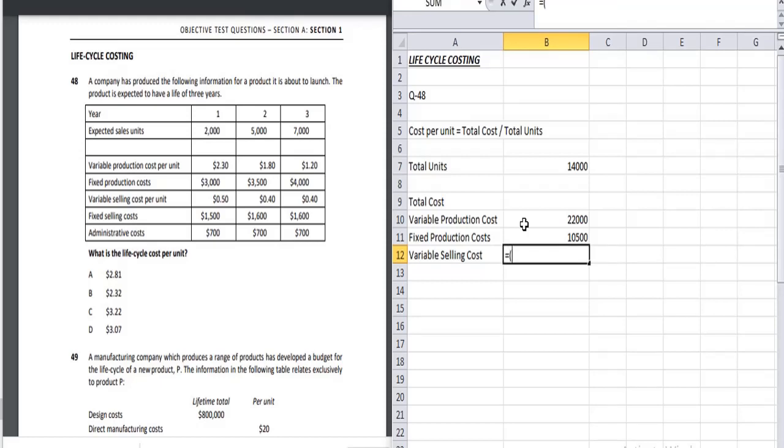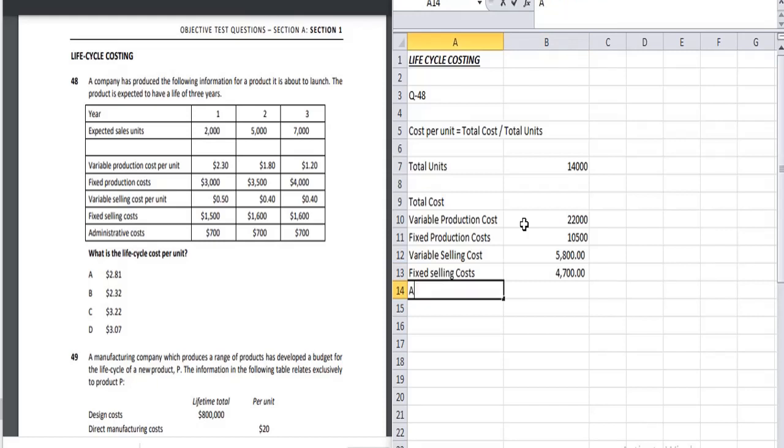We just multiply per unit with the respective units sold: 0.40 into 5000 plus 0.4 into 7000. And now fixed selling cost, so it's 1500 plus 1600 plus 1600.